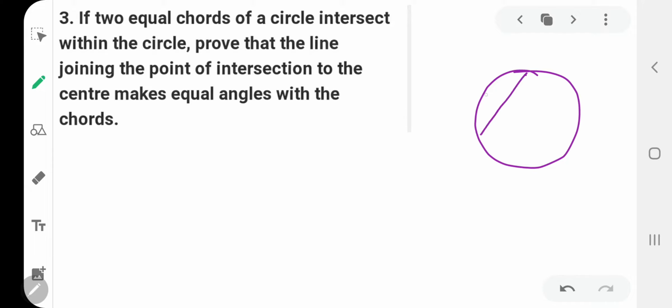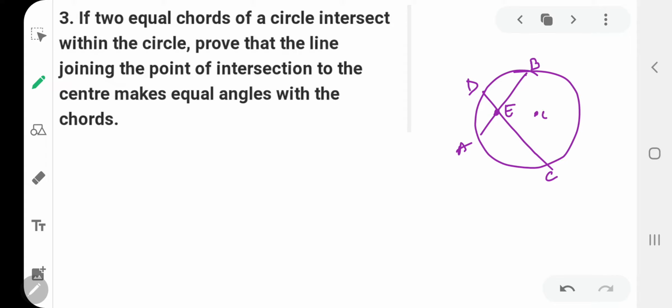If I take this and this, we'll name it as A, B, C, D. They intersect at point E. The same figure I'm drawing which I drew in my previous question.